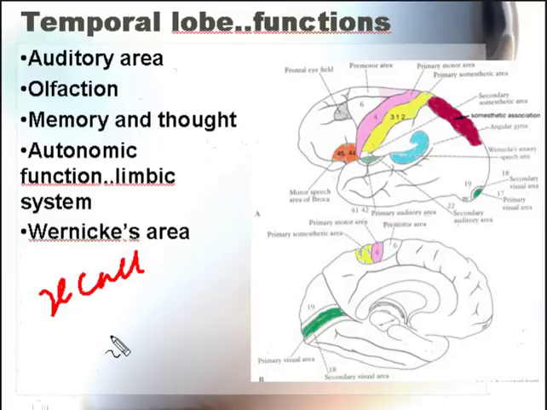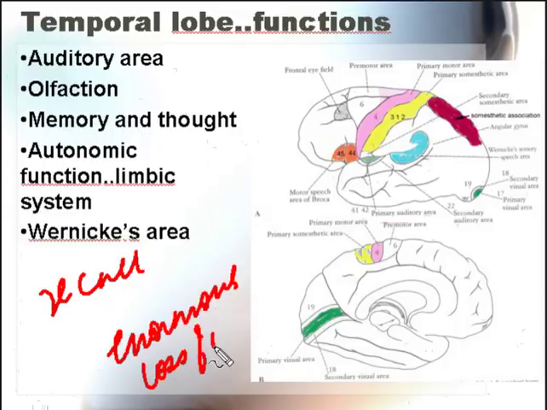In people who suffer from Alzheimer's disease, the failure of intellectual function which occurs in them, and in other cases of dementia, is due to enormous loss of neurons throughout the cortex, and that's what leads to failure of intellectual function.